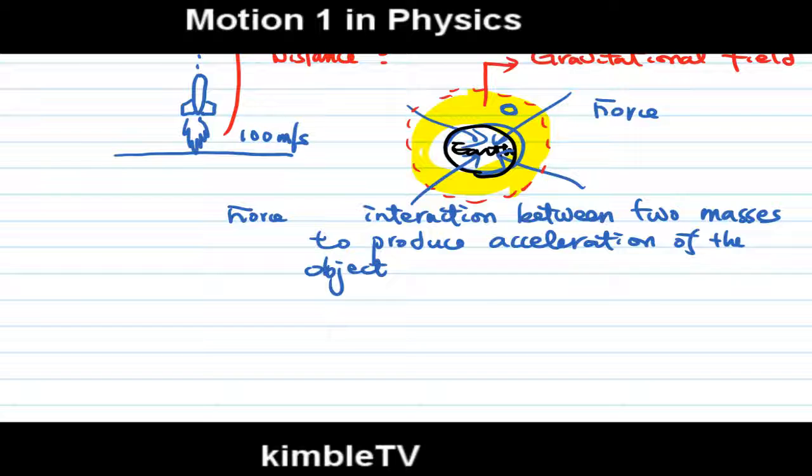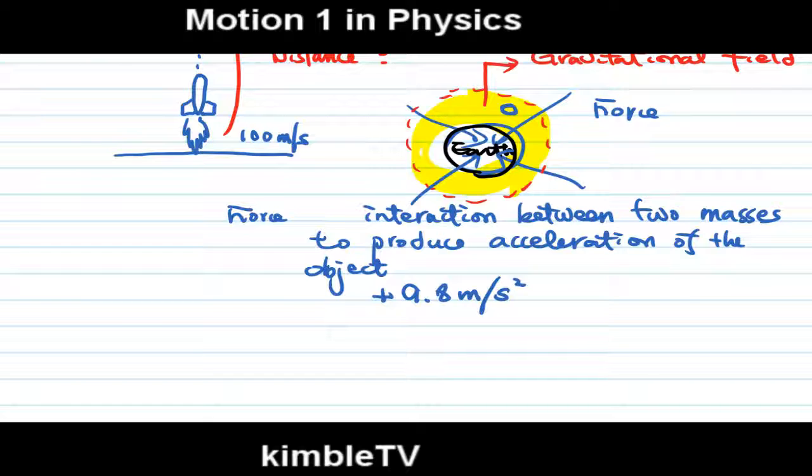And at the acceleration of positive 9.8 meters per second squared, which means that its velocity increases by 9.8 meters per second every second. So the object is falling very fast.